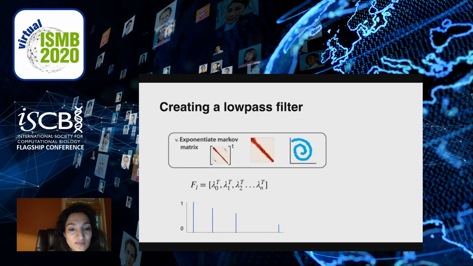We create a low-pass filter by actually just taking these eigenvalues and powering them. Because this is a Markov matrix and it has eigenvalues going from 1 to 0, when you power these eigenvalues, they become smaller. So you see the eigenvalues are there, and when you power them, they become smaller based on what the value of t is.